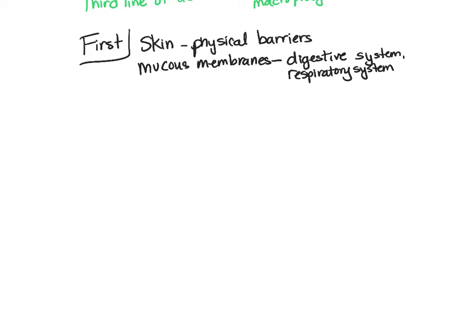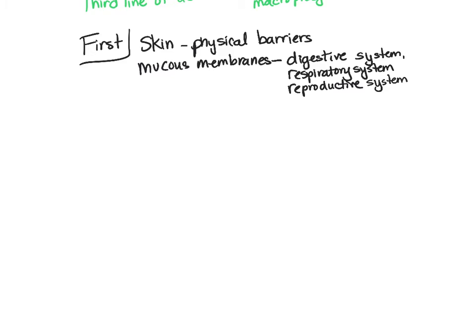So that's also a part of our first line of defense. Also in our reproductive systems. Specifically in the female reproductive system, in the vagina, we have a change in pH, a decrease in pH. That's one way to try to have a first line of defense to not get something into the body that could be pathogenic. So we have our skin, which is our largest physical barrier on the outside there, and then we have our various mucous membranes.